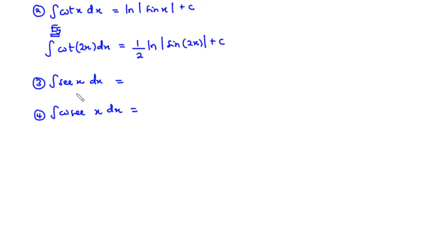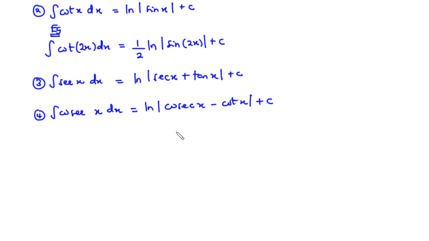Now for the integral of sec x dx, that results to ln of the absolute value of sec x plus tan x plus c, and the integral of cosec x dx is also equal to ln of the absolute value of cosec x minus cot x plus c.